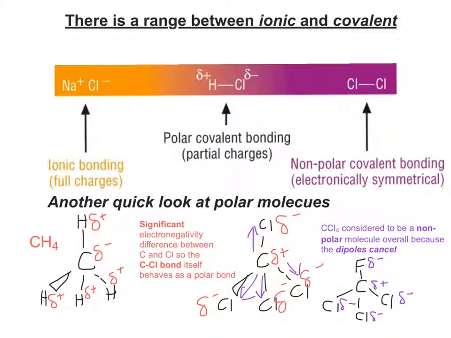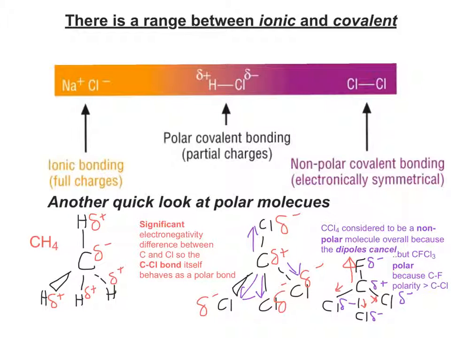So by far the strongest dipole acts in that direction, and the other dipoles are much weaker by comparison, hence the smaller arrows. So therefore CFCl3 is polar. Because the carbon-fluorine bond has a greater polarity than carbon-chlorine, CFCl3 is actually polar.